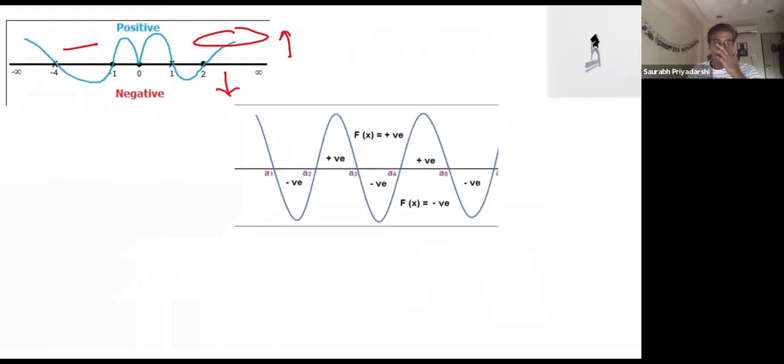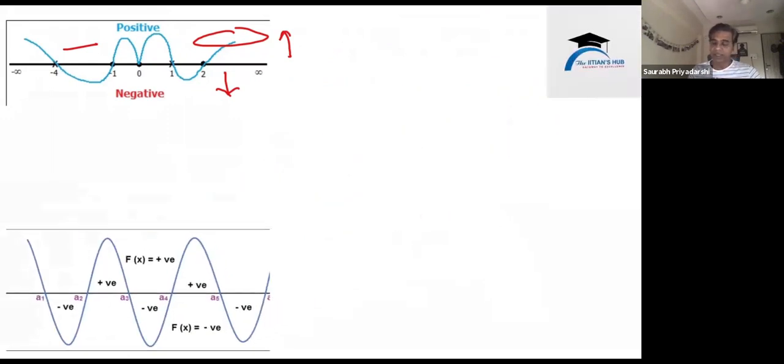Any function f(x) is given, and we have to see when this f(x) is greater than 0 and when this f(x) is less than 0, and accordingly answer what the question is asking, greater than 0 or less than 0.